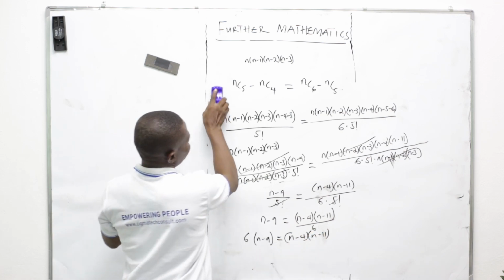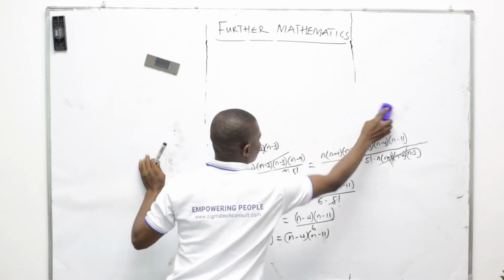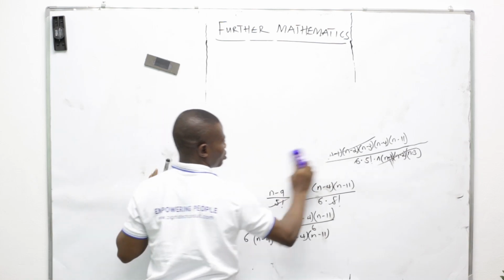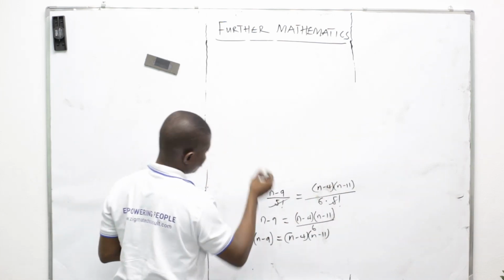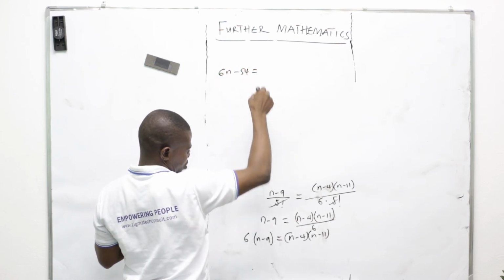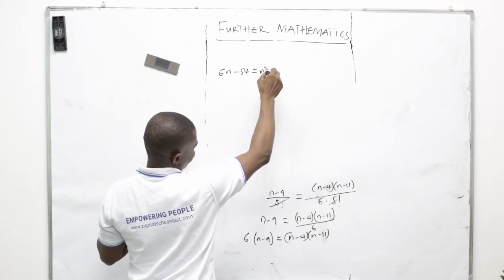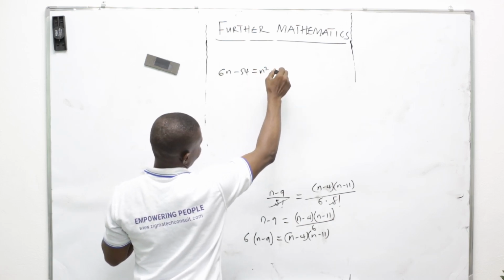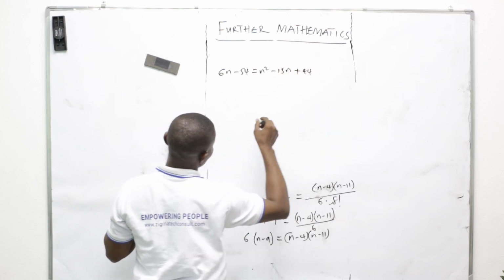Now, coming up here again, n minus 54 equals n squared minus 15n plus 44.